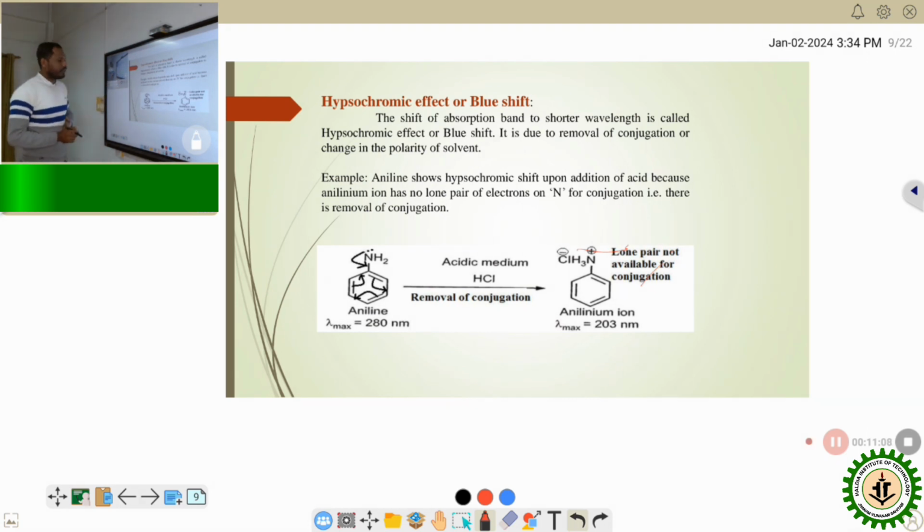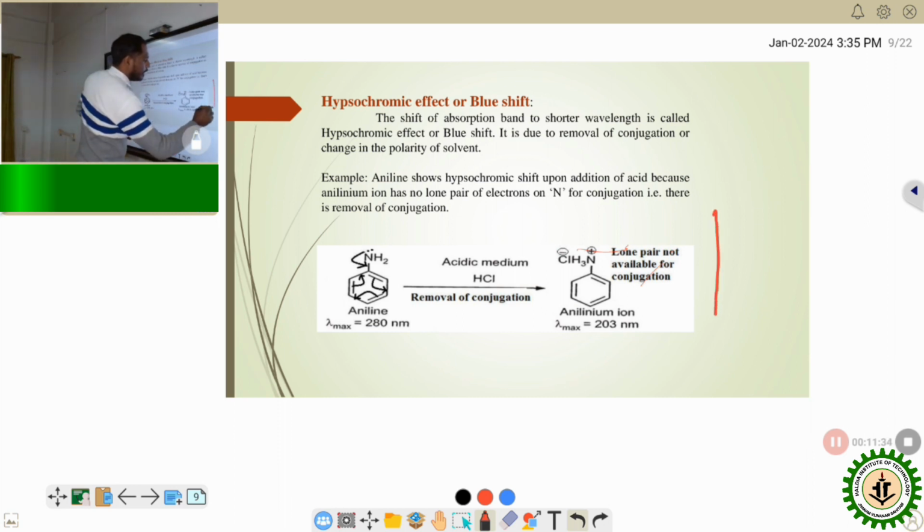Now the hypsochromic effect or blue shift. This is a shift of the absorbance band to a shorter wavelength region. Some functional groups reduce or remove conjugation, so the absorbance shifts towards a shorter wavelength. Like aniline, whose absorbance is 280 nanometer, but in acidic medium it shifts towards a shorter wavelength. The anilinium ion absorbs at 203 nanometer.